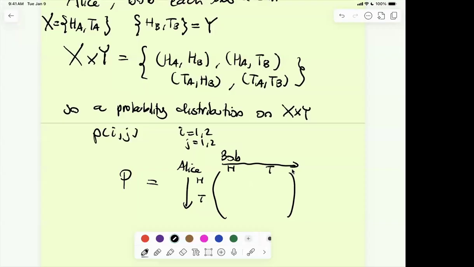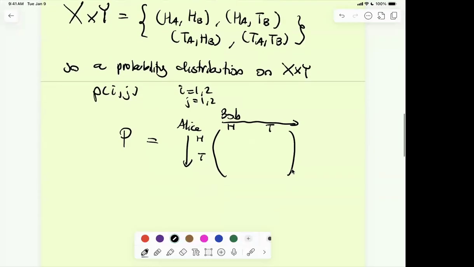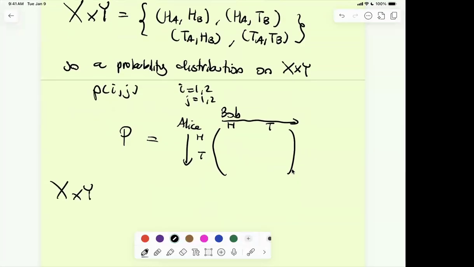The only reason I'm changing to this perspective is that from here, Alice and Bob are the systems, and X times Y describes the joint system, the total system, the combined system.